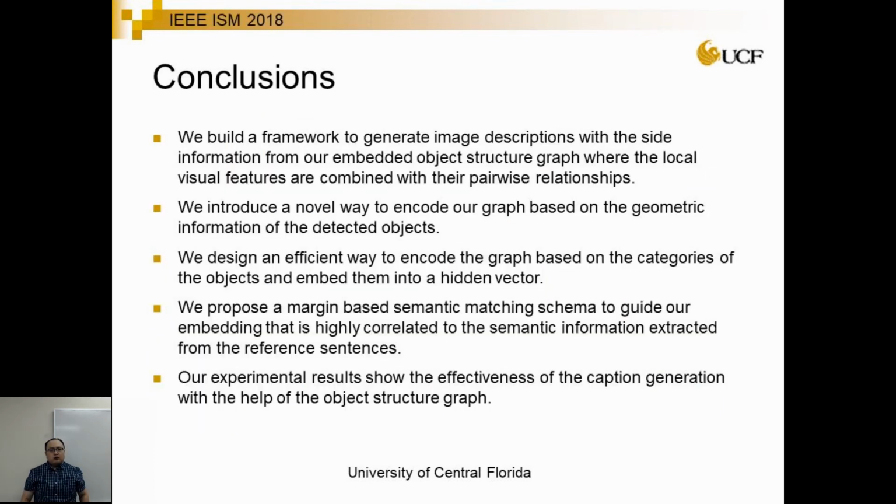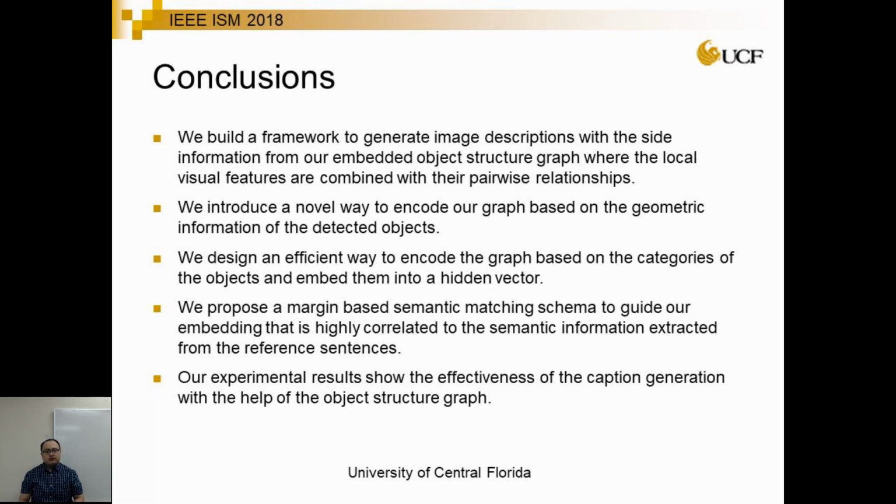Here we introduce our conclusion. We build a framework to generate image descriptions with our embedded object structure graph. And we introduce a novel way to encode a graph based on the geometric information and detected objects. And we also designed an efficient way to encode our graph.